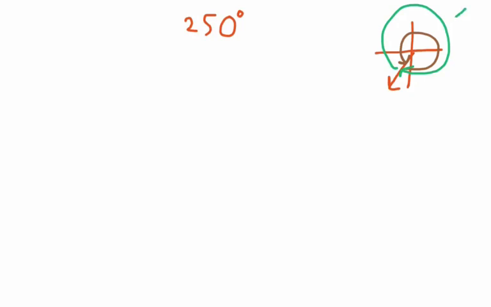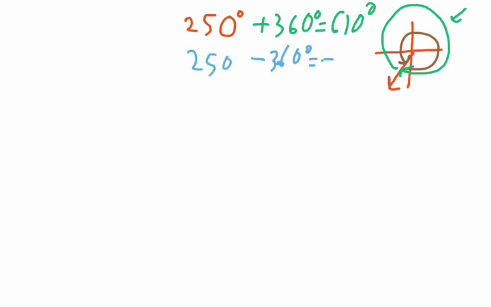Either way, you're going 360 degrees. So to get something coterminal, I'm going to add 360 degrees, and that's 610 degrees. I can also go the other way, which is to subtract 360. So 250 minus 360 is negative 110 degrees. So all 3 of these wind up at that 250 degree mark.